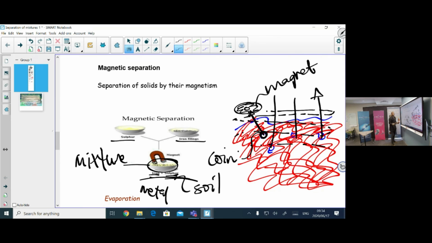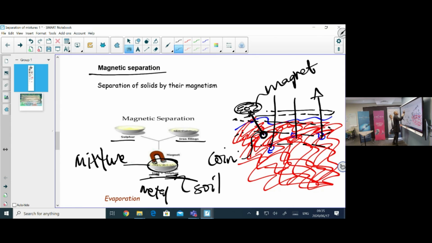They are pulled towards magnets. And in them being magnetic, we can use that property in order to separate magnetic materials from non-magnetic materials, right?